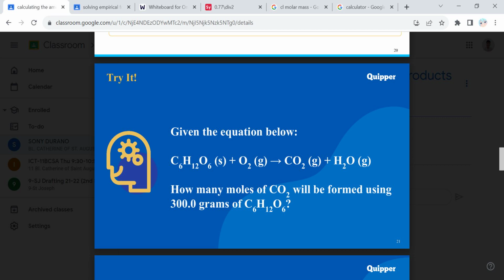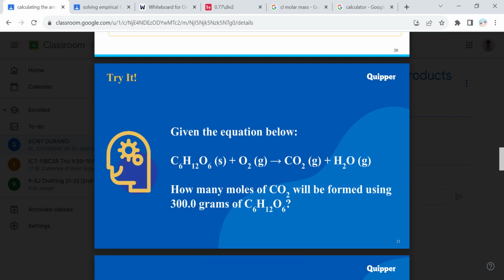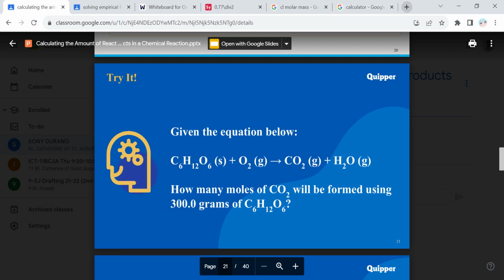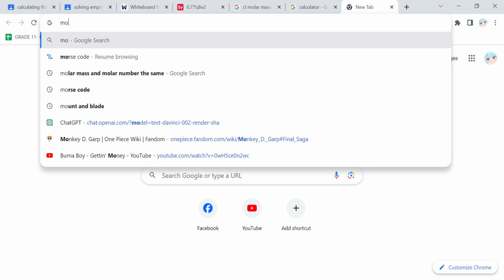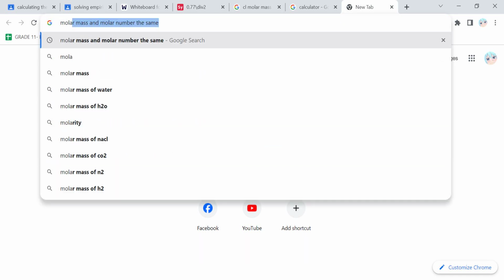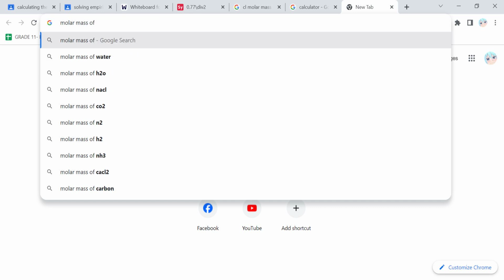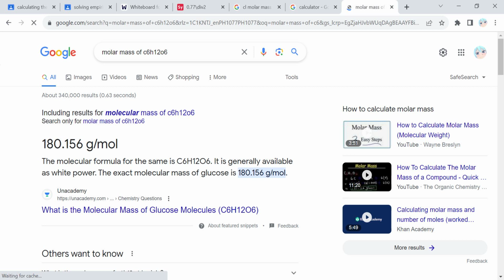Anyway, how many moles of CO2 will be formed using 200 grams of C6H12O6? So again, we're just gonna have to search for the molar mass of C6H12O6, which is 108.156.